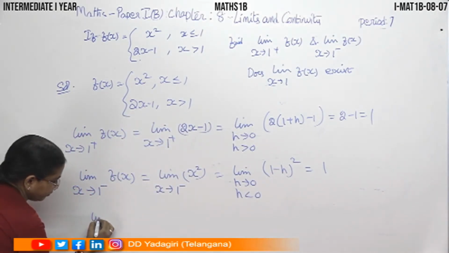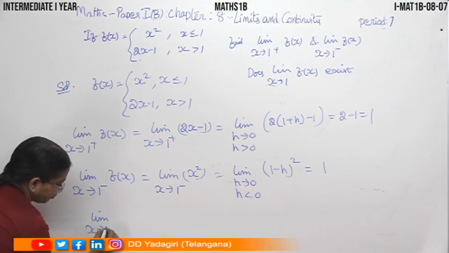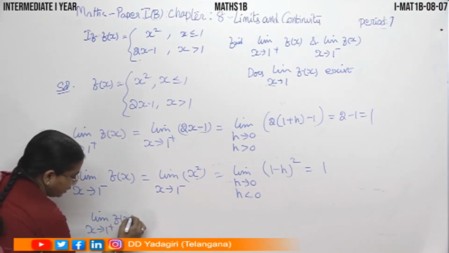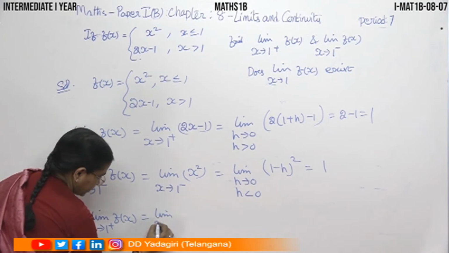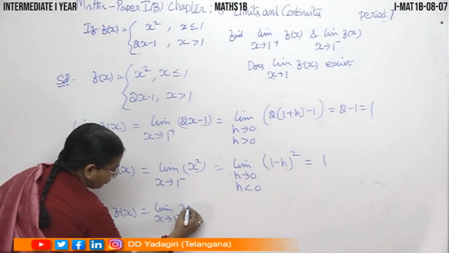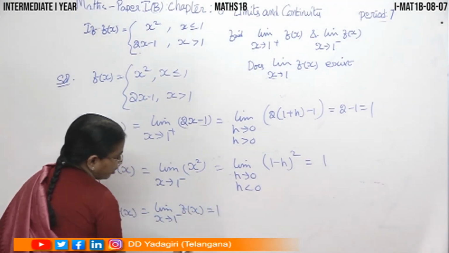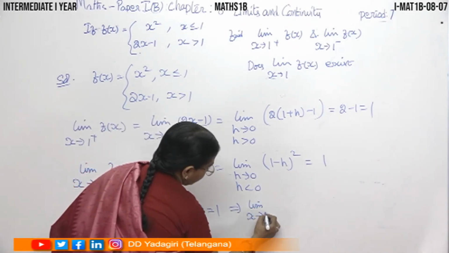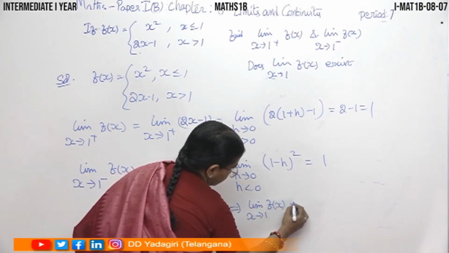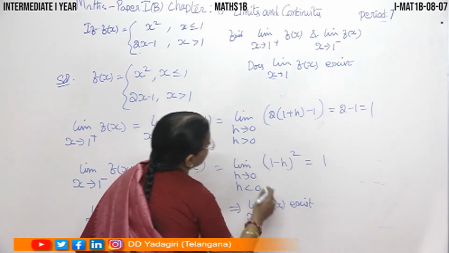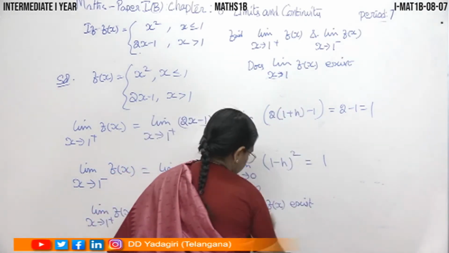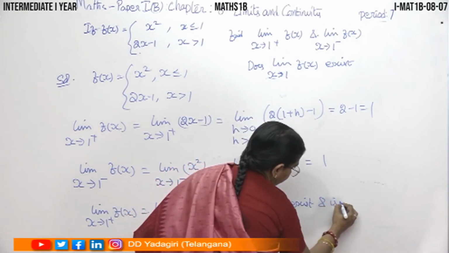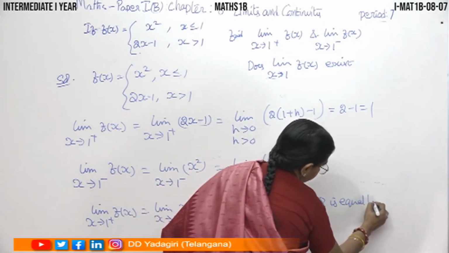So limit x tending to 1 plus of f of x is same as limit x tending to 1 minus of f of x, which is equal to 1. Implies that limit x tending to 1 of f of x exists. It is existing because both are equal. So it exists and is equal to 1.